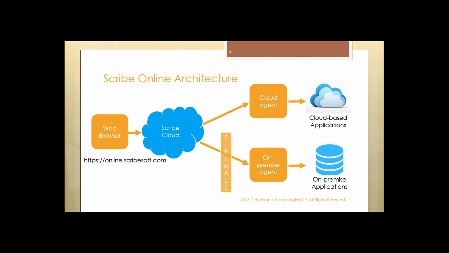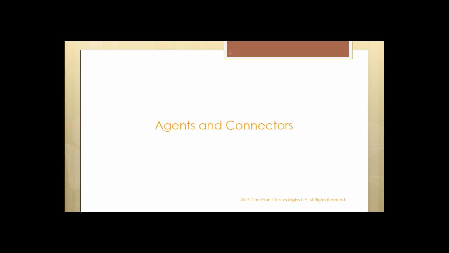Whereas on-premise agent resides behind the system's firewall and is used when on-premise applications or databases are involved in integrations. This typically gives us an overview of how exactly Scribe Online handles the various integrations. Let us now know about each of these components in detail.